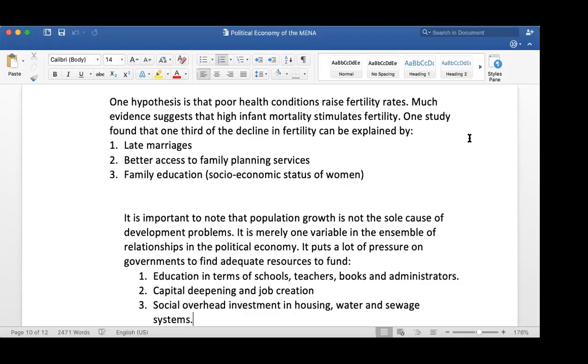I take this opportunity to say concerning what is called galloping demography.